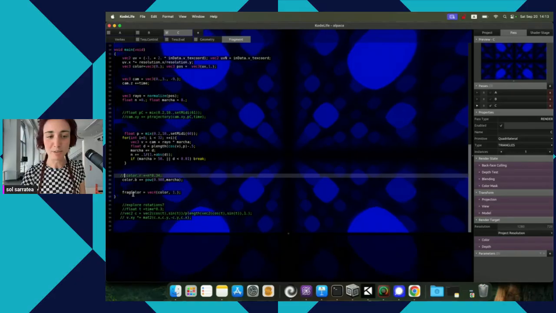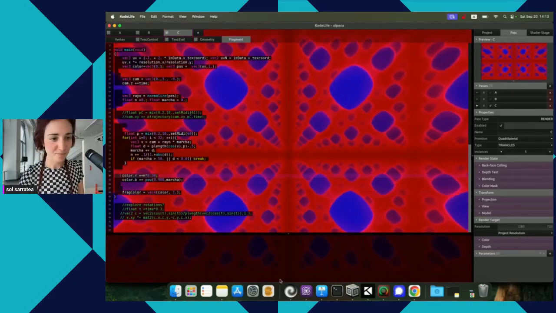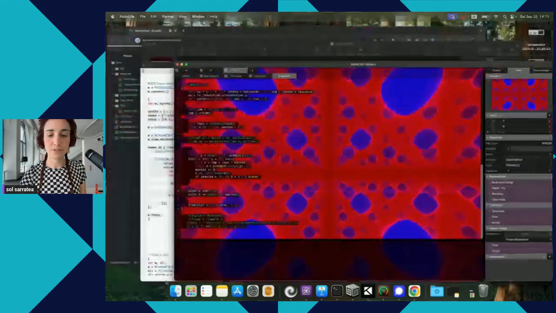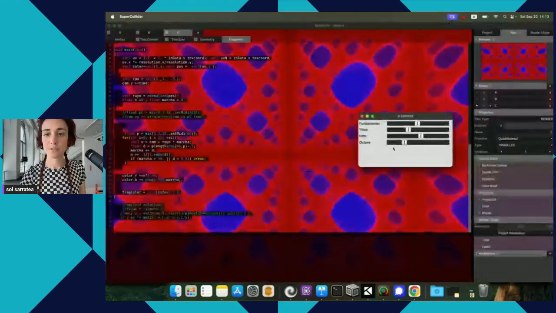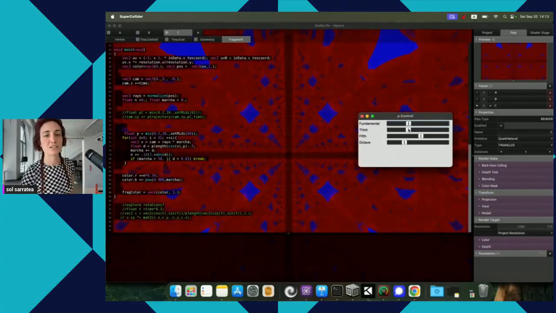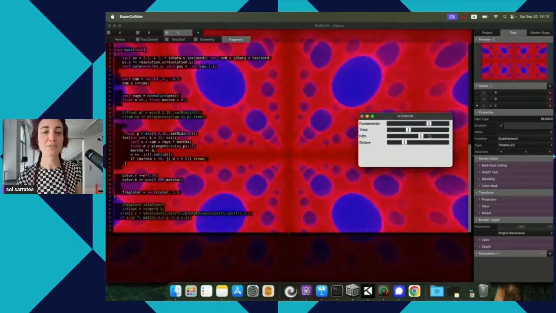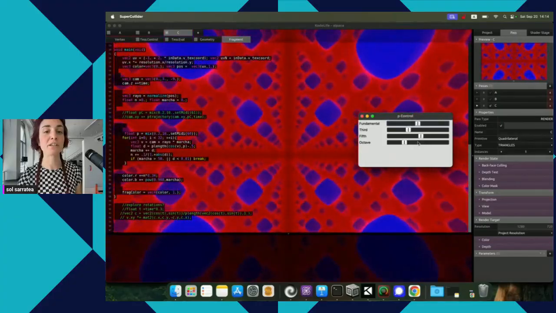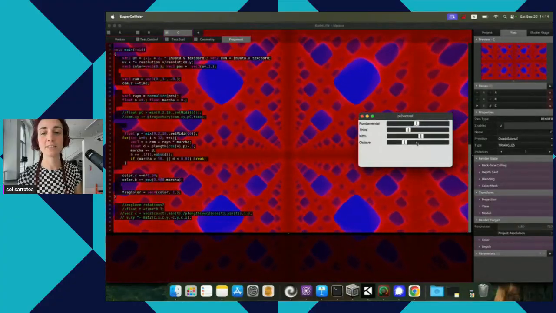Let me add a little bit of color, and you can control things again with these, like the shapes. I don't know if you ever coded these signed distance functions, like doing squares and circles. It's not that easy to interpolate, and now we have everything in one function, which is very nice.